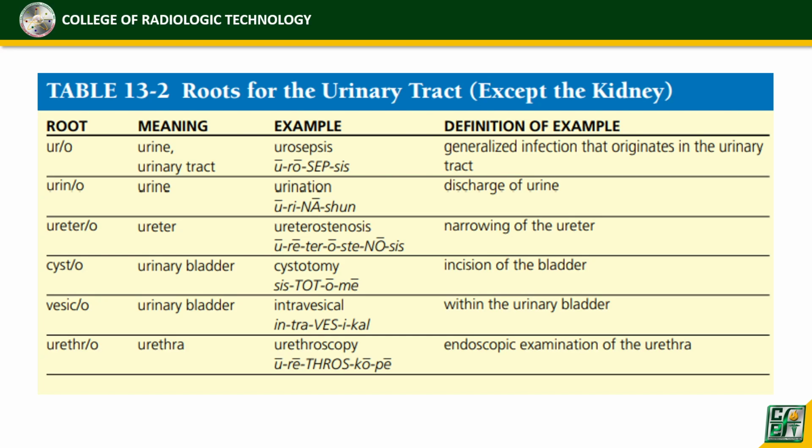Then for the urinary bladder, we have two roots. We have cysto and vesico. The example for cysto is cystotomy. That is surgical incision of the urinary bladder, cystotomy. The inflammation of the urinary bladder is cystitis.